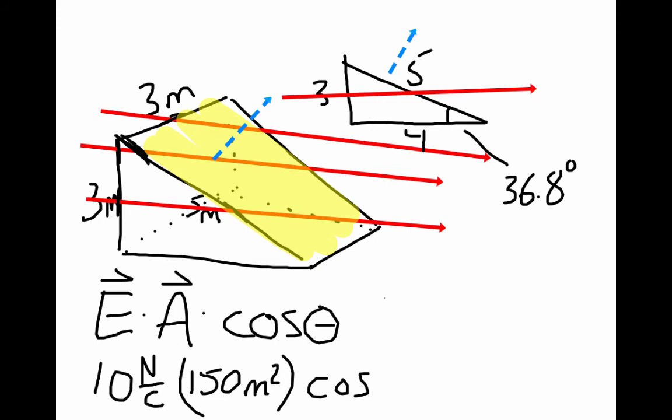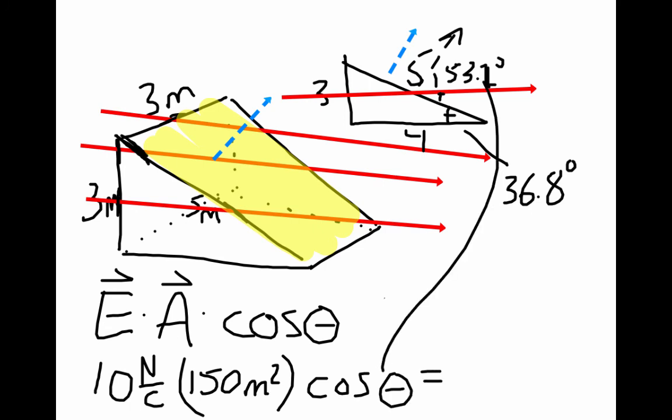So if I do some of my trigonometry here, I know that this angle is the same as the inside, 36.8 degrees. So the angle between my area and my electric field ends up being 53.2 degrees. If I put 53.2 degrees in for my theta, do the work, you end up with 90 newton meters squared per coulomb. So it's actually the same amount of flux.